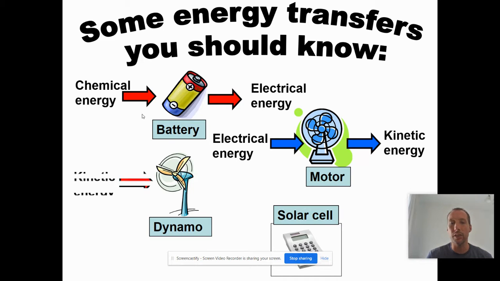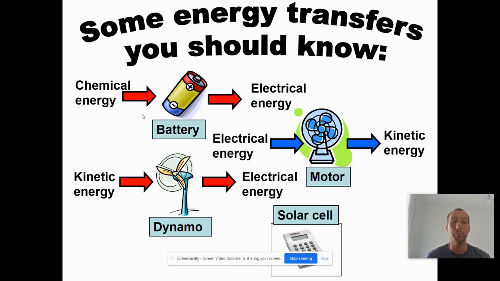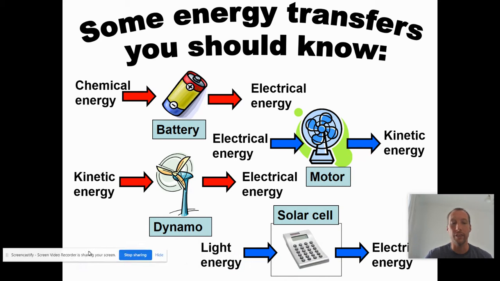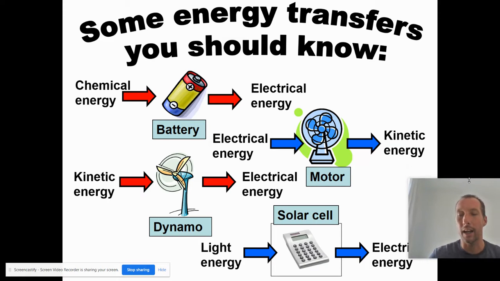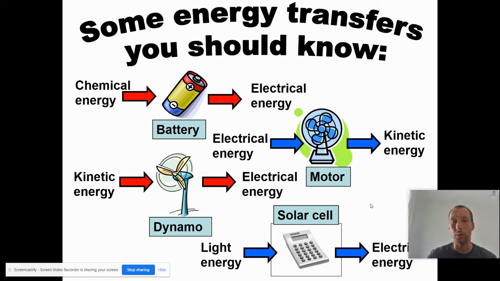A dynamo does the opposite job to a motor, where it turns kinetic energy, for example from the wind in a wind turbine, into electrical energy. There's always going to be some losses again, probably heat and sound in this case. We've got solar cells, which convert sunlight energy into electrical energy. So these are all energy transfers. Hopefully they're all devices you're familiar with.